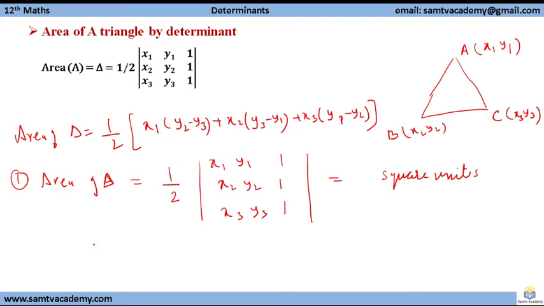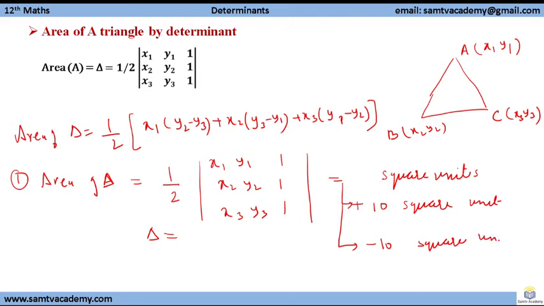So whatever value you get from the determinant, suppose you get after solving this some value, suppose it is coming 10 square unit, or second, minus 10 square unit.